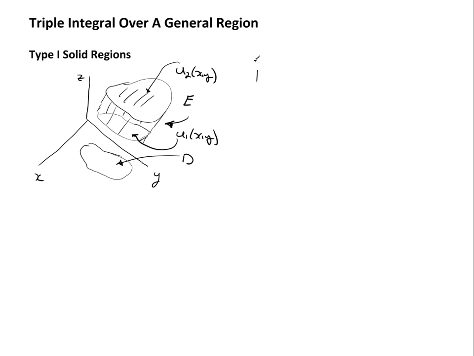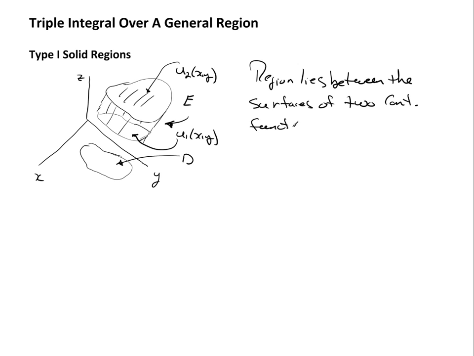The idea here is that this region lies between these surfaces of two continuous functions in xy, and that's my U1 and U2 that I labeled.